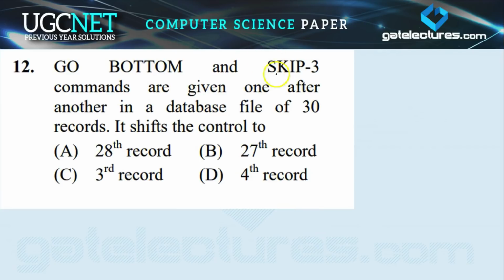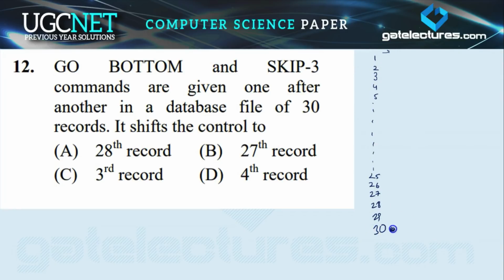Now go bottom and skip 3 commands are given one after another in a database file of 30 records. 30 records are there, 1, 2, 3, 4, 5 up to 30, like 25, 26, 27, 28, 29 and 30. So it shifts the control to what? Now go bottom. So the control shifts here and goes to the bottom.